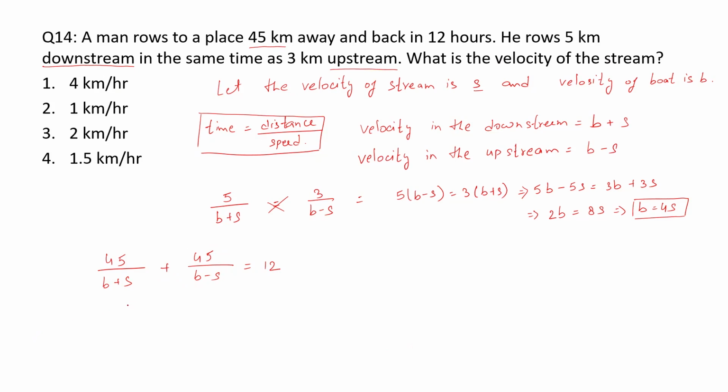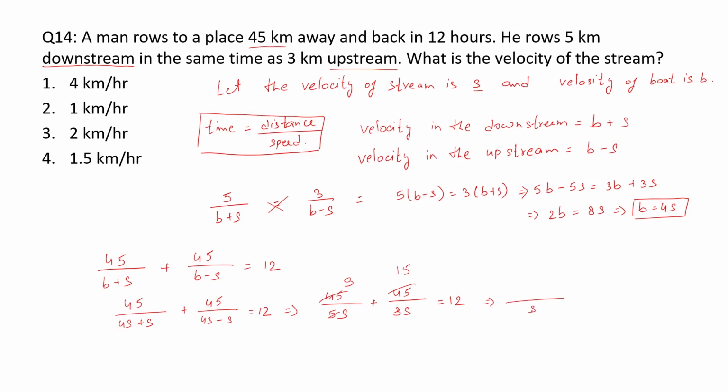Now solve this. One thing you have to remember: b is equal to 4s. Substitute: 45 upon (4s plus s) plus 45 upon (4s minus s) is equal to 12. So that means 45 upon 5s plus 45 upon 3s is equal to 12. So 5 cancels in 45 giving 9, and 3 cancels in 45 giving 15. So the LCM would be s, right?